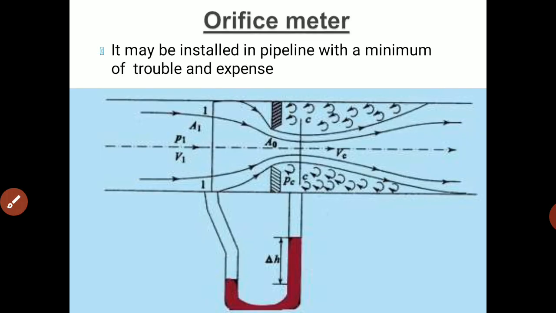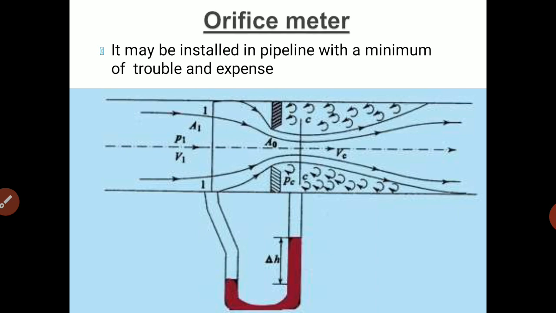Then what is the orifice meter? An orifice meter is a device used to measure the rate of flow through a pipe. It consists of a small flat circular plate which has a sharp-edged hole called an orifice, concentric with the pipe.